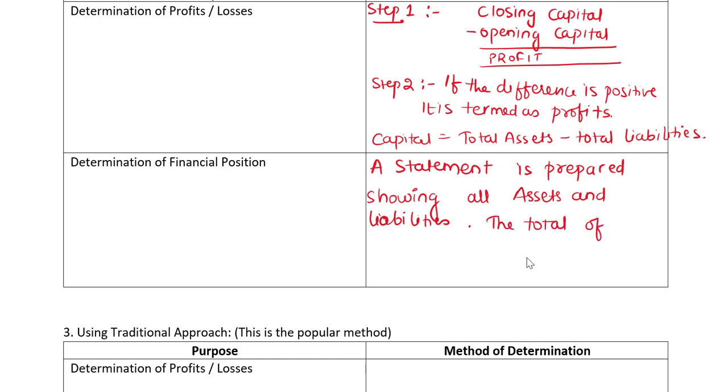The total of assets and liabilities must be equal.